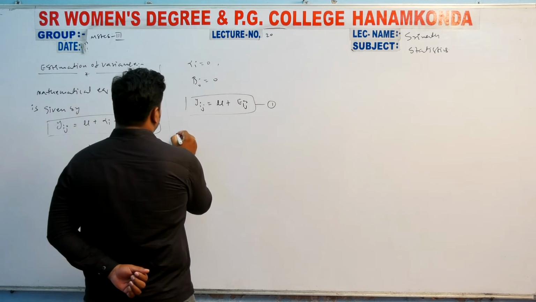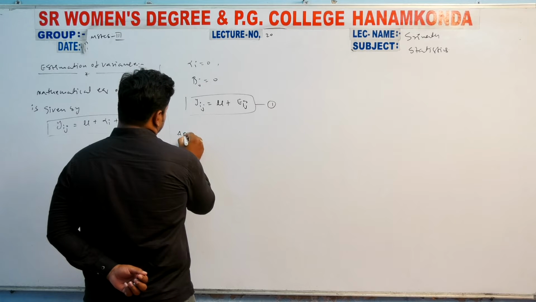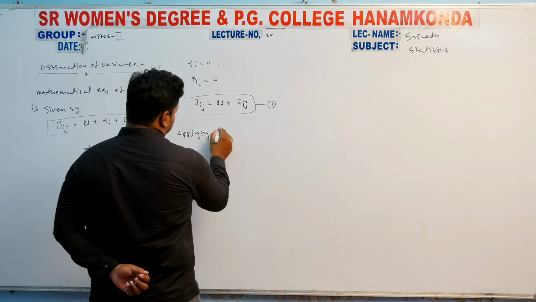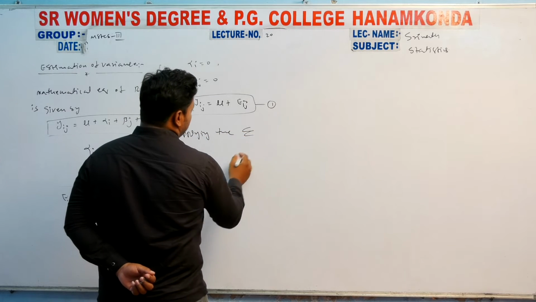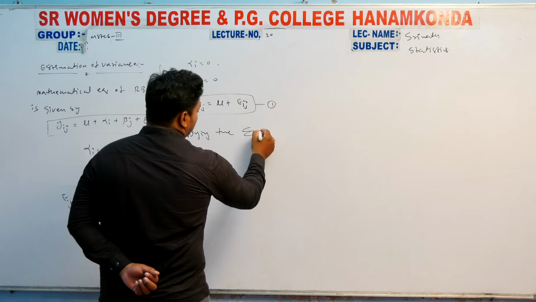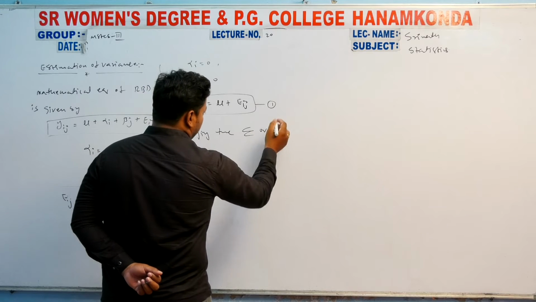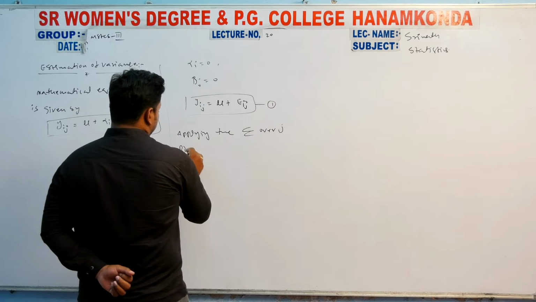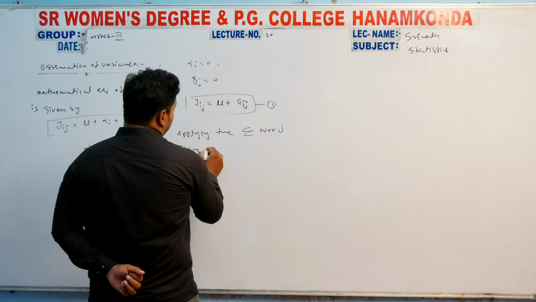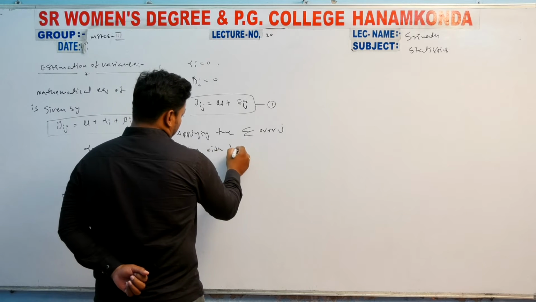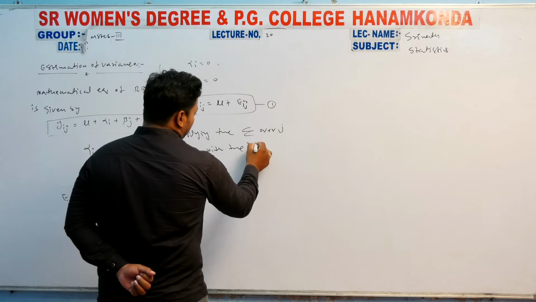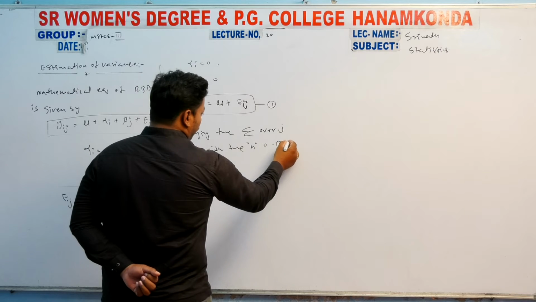In this equation we are applying the summation over the j, dividing with the n on both sides.